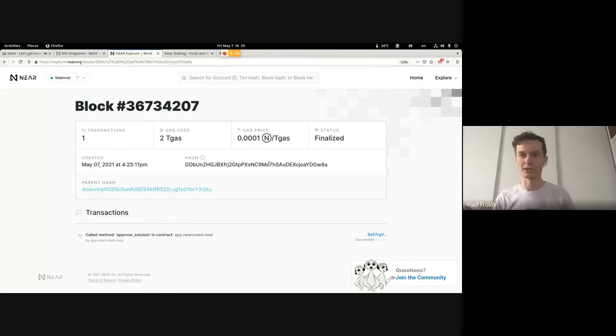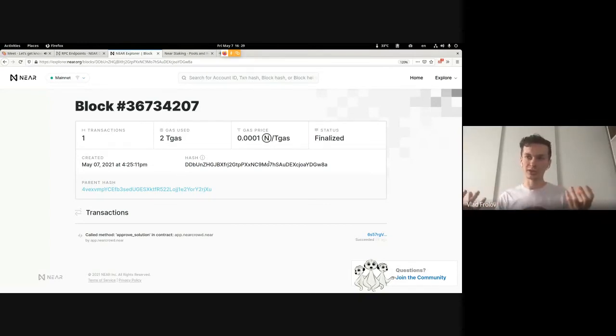As far as I know, we tested with 10 shards, which means that each second every shard produces its own chunk for that second.